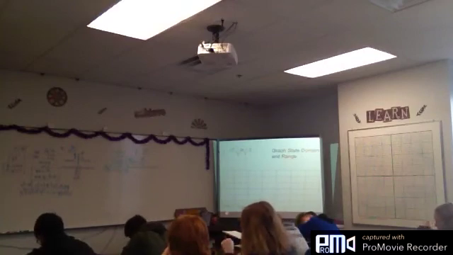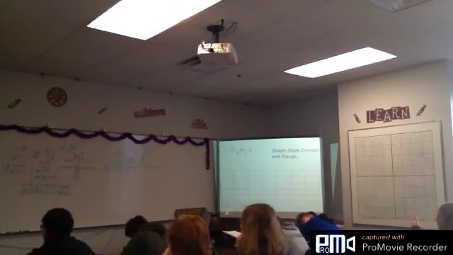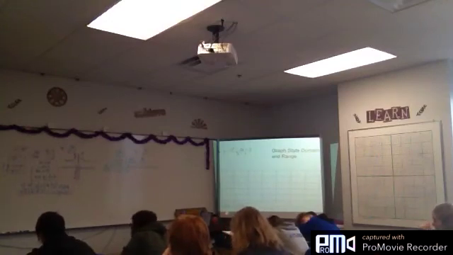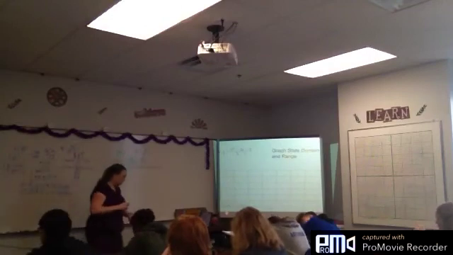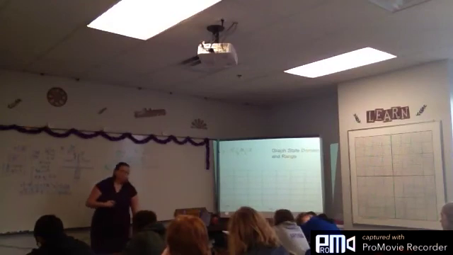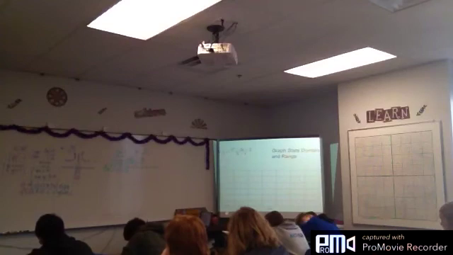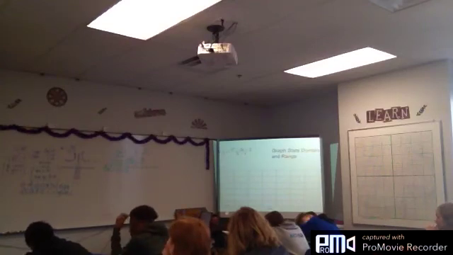Now, tell me the horizontal asymptote. The top is greater than the bottom, so is that y equals 0? No. If the top is greater than the bottom, there is no horizontal asymptote.